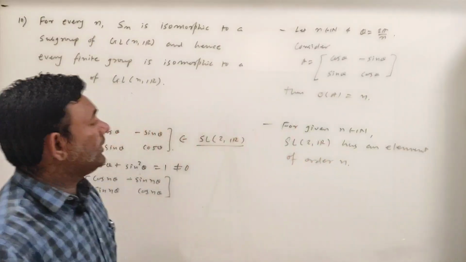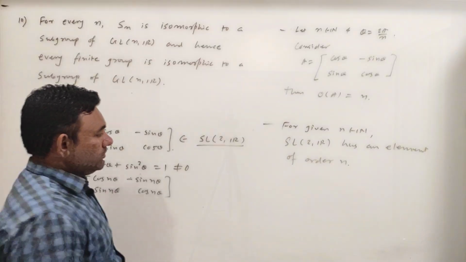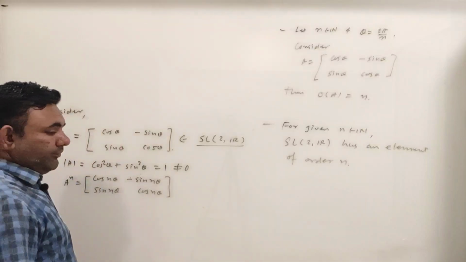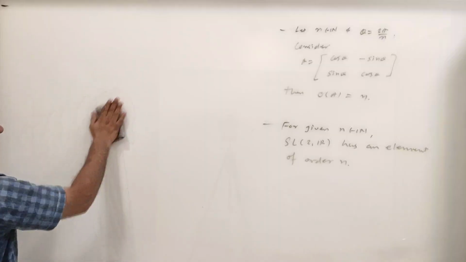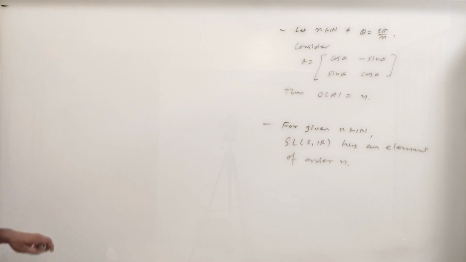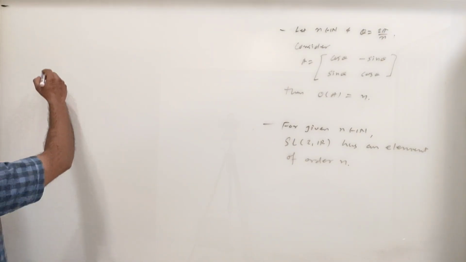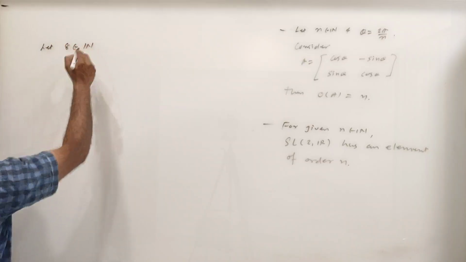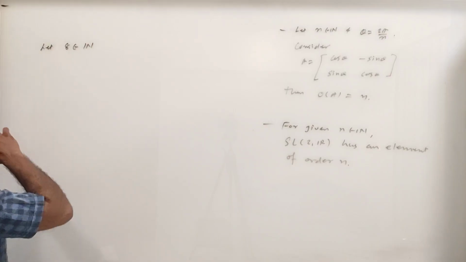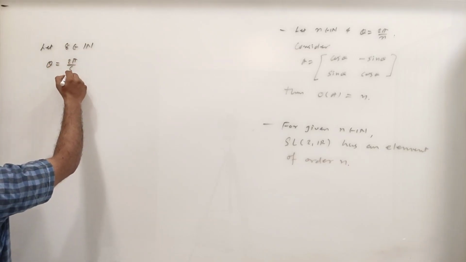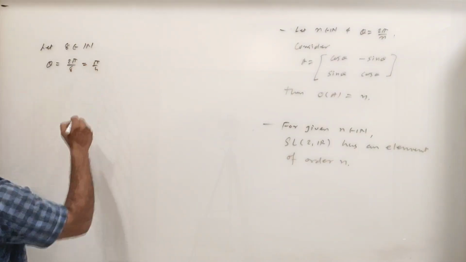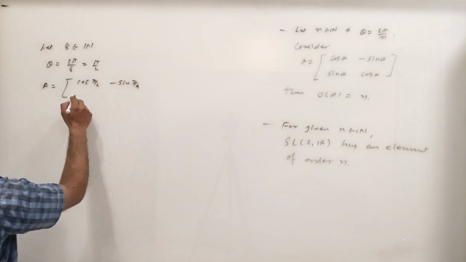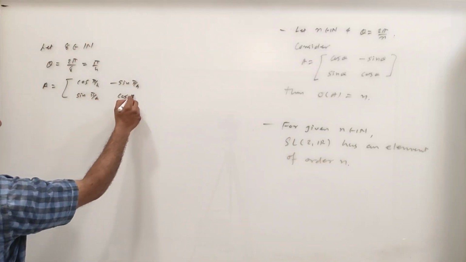Okay, so now let me remove this. Let n be equal to 8, which belongs to N. Now you consider theta is equal to 2 pi by 8, so it will be pi by 4, and you consider A is equal to cos pi by 4, minus sin pi by 4, sin pi by 4 and cos pi by 4.